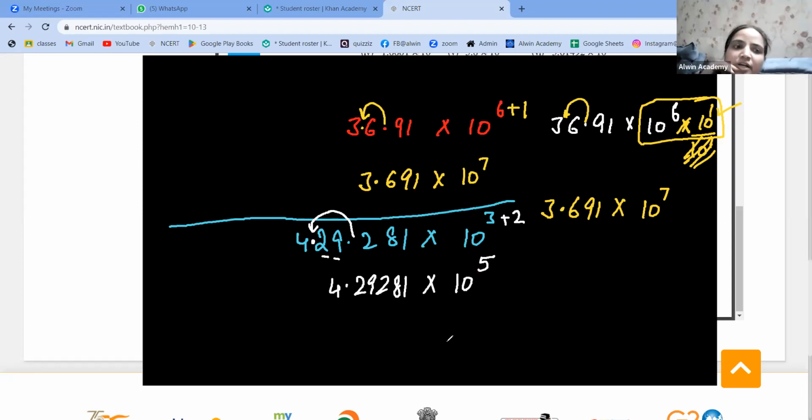Got it or not now, Shrikant? Yes, ma'am. Okay, so let's take one more example of a different type, but like this only. If I give you the question 395.82 into 10 to the power minus 6.